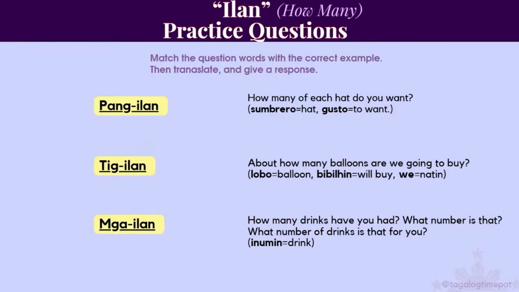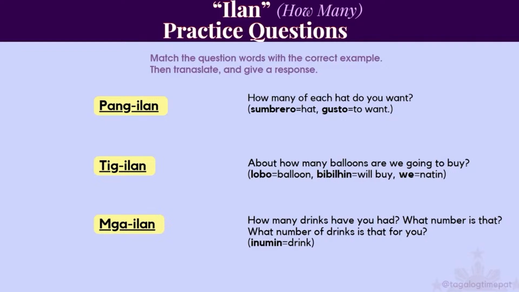This one is a fun practice. So I want us to match the question words with the correct example. Then we're going to translate and then give a response. On the left side are the different question words: pang ilan, tig ilan, mga ilan. On the right side are some example questions. How many of each hat do you want?